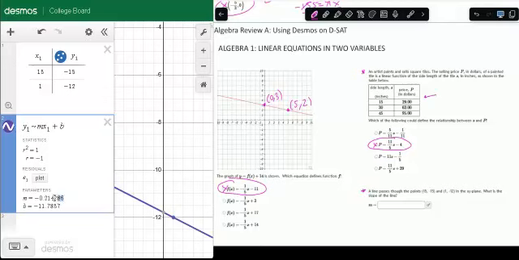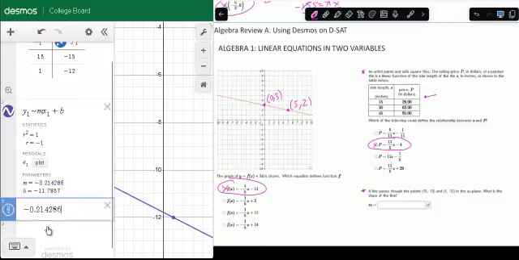Now, notice on this, I copied and pasted it into a separate line. You can enter your answer as a decimal on your SAT. So when you have those fill-in questions, you could enter your answer here as -0.214.